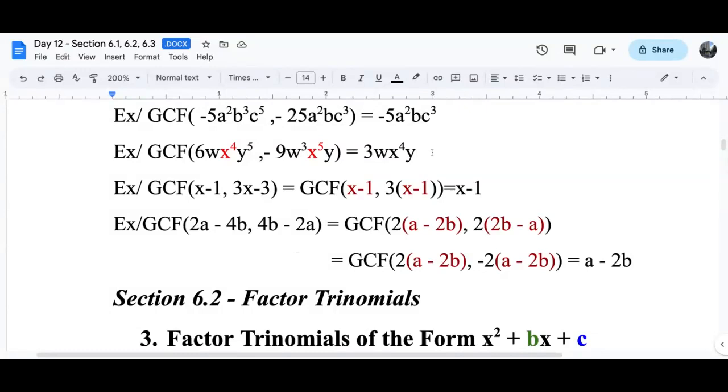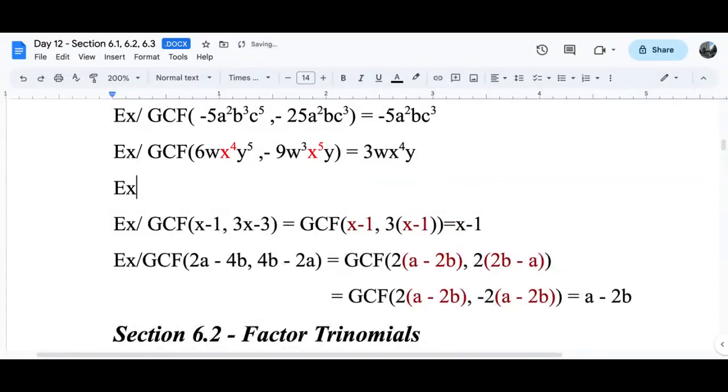Let's see, I'm going to add from the top. Find the GCF of 4ab and 6a squared b. Let's see these two.